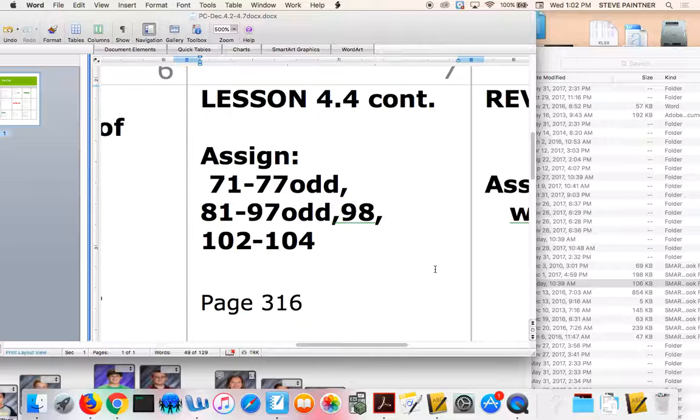Everybody kind of said it's wrong. Find the values of the 6 trig functions.